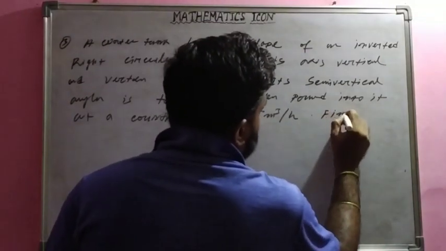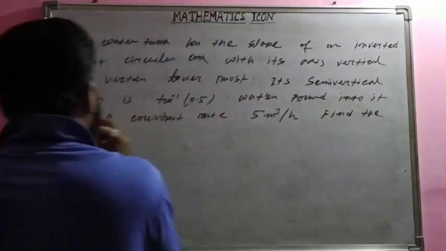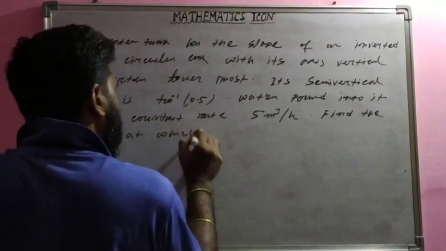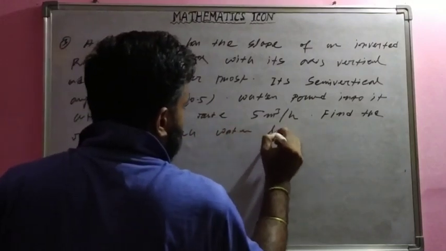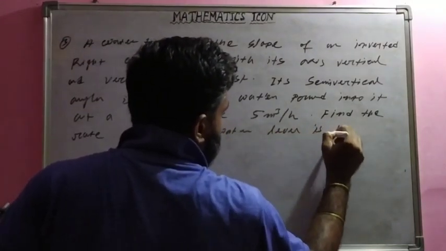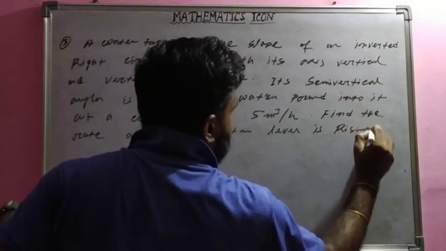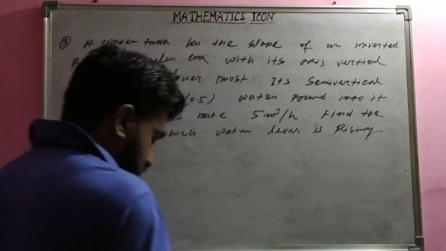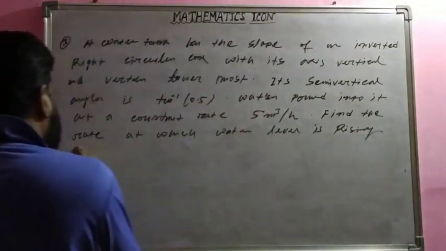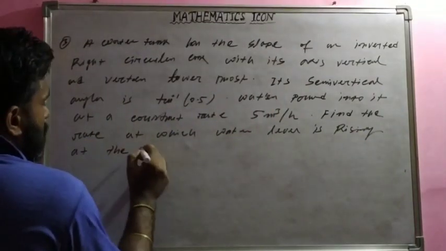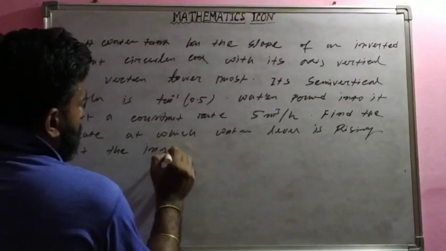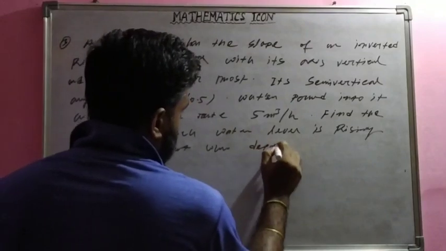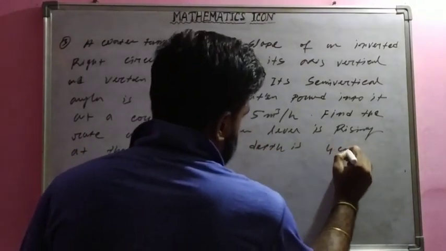Find the rate at which the water level is rising at any instant, at the instant when the depth is 4 centimeter.